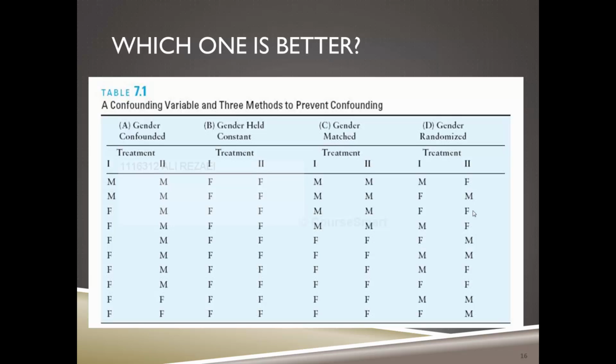So any confounding variable that you want to control 100%, use holding that variable constant. But if you're not only worried about one variable and you want to take care of many confounding variables, which is most of the time our main concern, we use randomization.